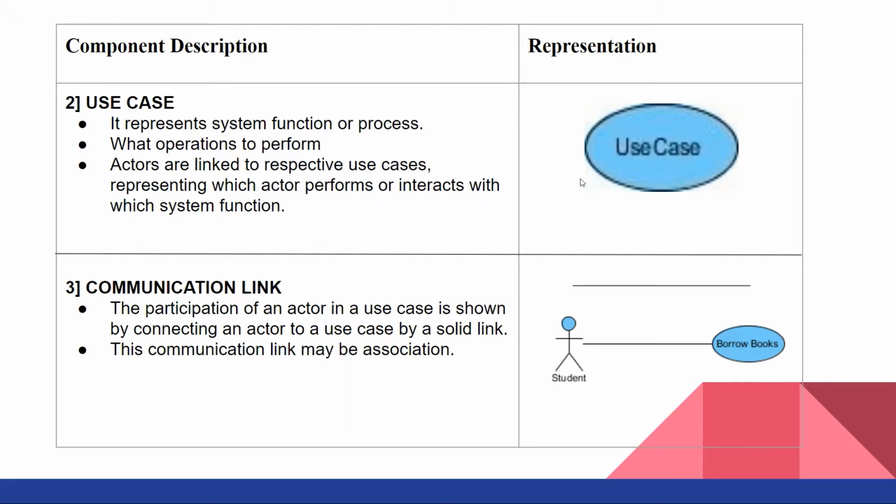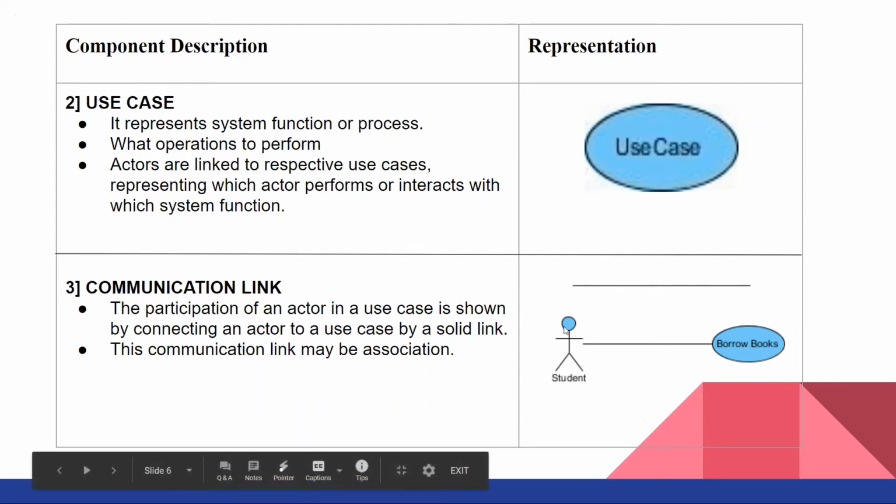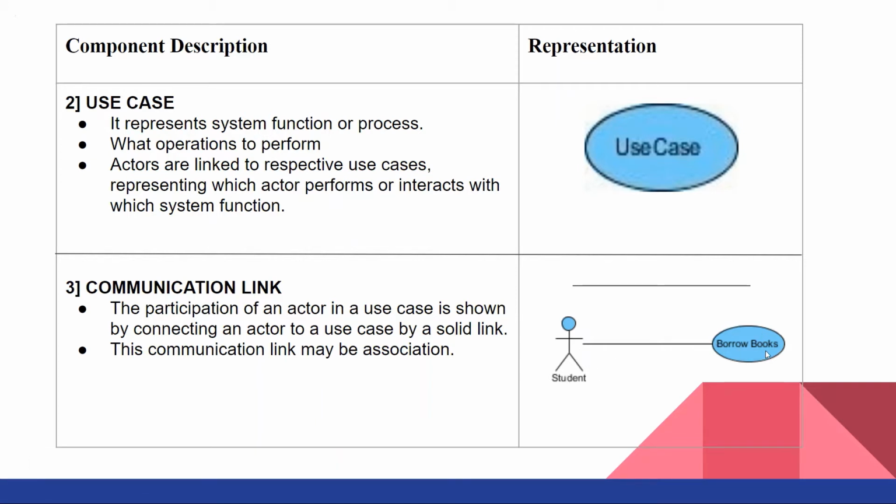And as I told, actors are linked to the respective use cases, so that communication link is nothing but this line we use to show. Like this student is the actor, and this is the use case, that is student will borrow books. So that is shown using this communication link, and this link may be association.